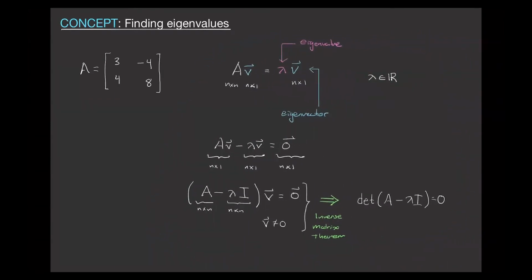So long story short, if you've got a matrix, let's say like this, we use the definition of what it means to be an eigenvalue and eigenvector. We do a little bit of matrix algebra, which is to subtract this matrix on both sides, giving us this, leaving us with the 0 matrix on the right side.